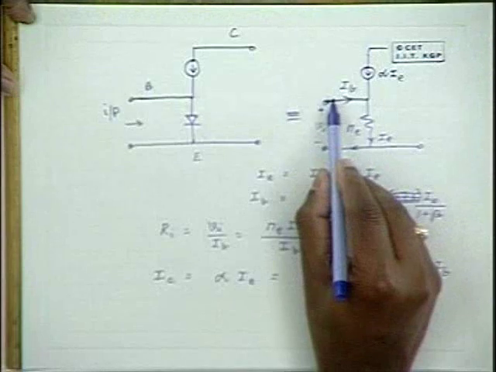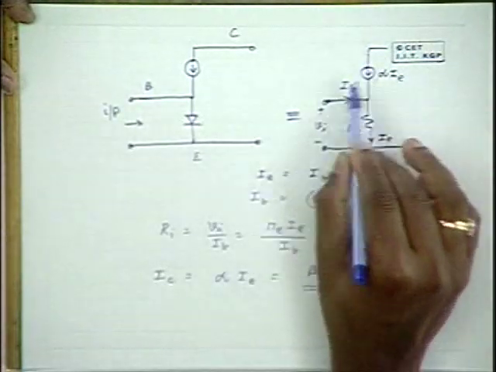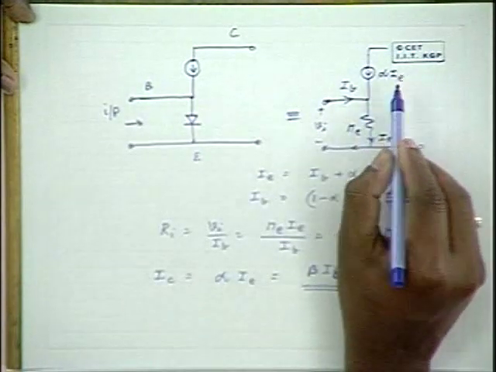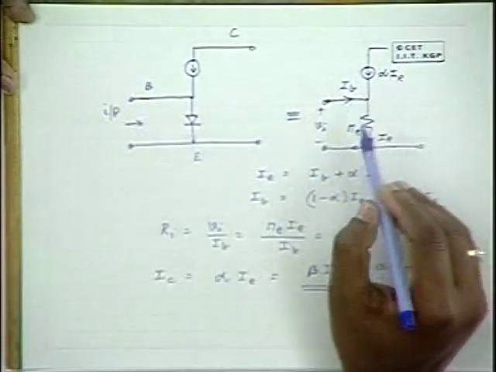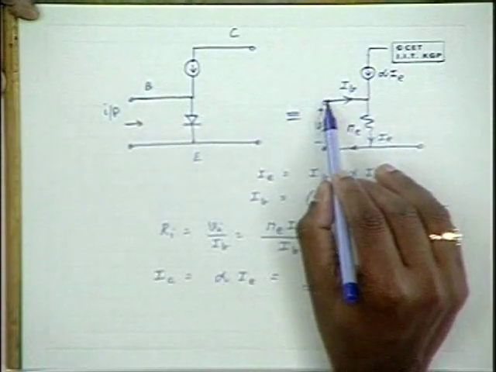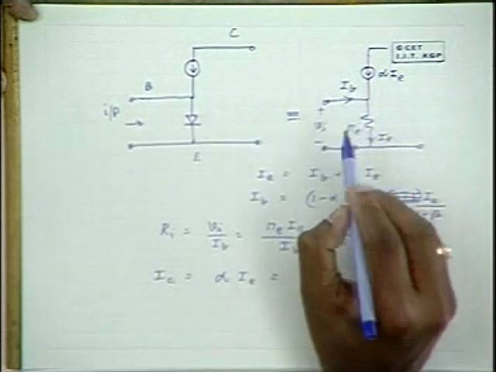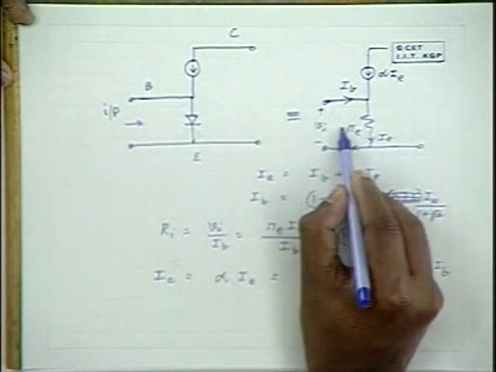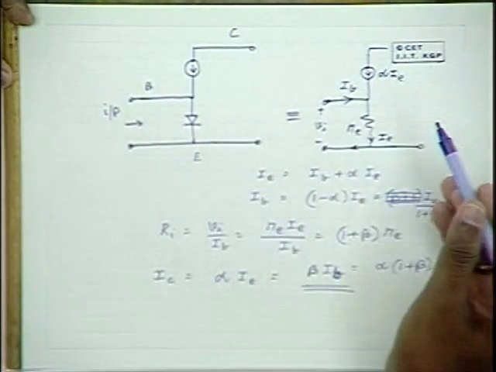What we have done now is we have used the common base model itself. This Re and alpha IE are for the common base model actually, and the only difference is the connection, the input and output connection.